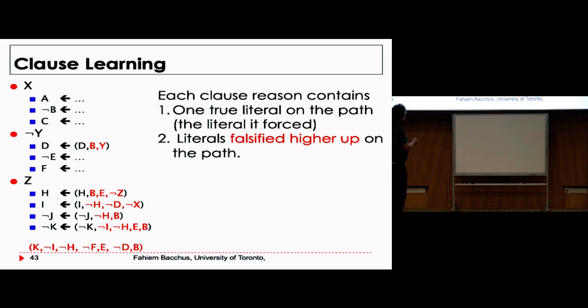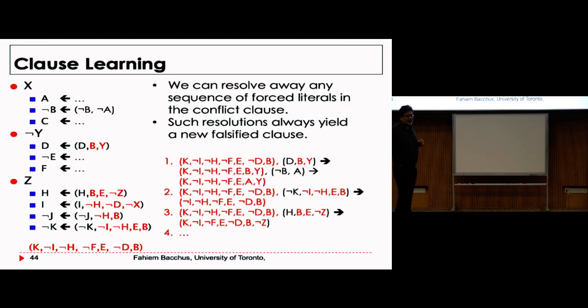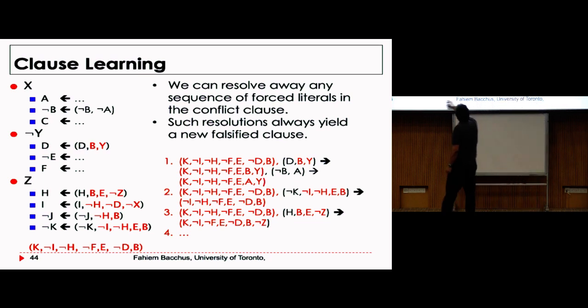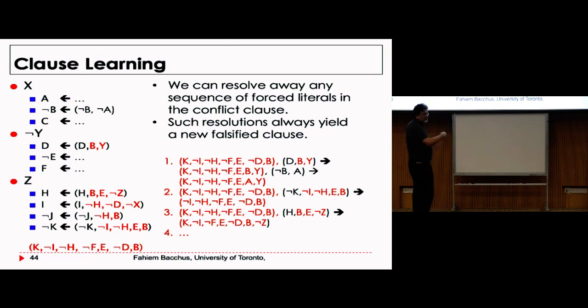And what we can do then is we can take this conflict clause, and that means that we can resolve that conflict clause. If we have any forced literals in that conflict clause, we could resolve that literal against the clause that forced that literal. So for example, we have a not D here. Okay? That means that, of course, that D appeared somewhere on the trail, because this conflict clause has literals that were falsified on the trail.